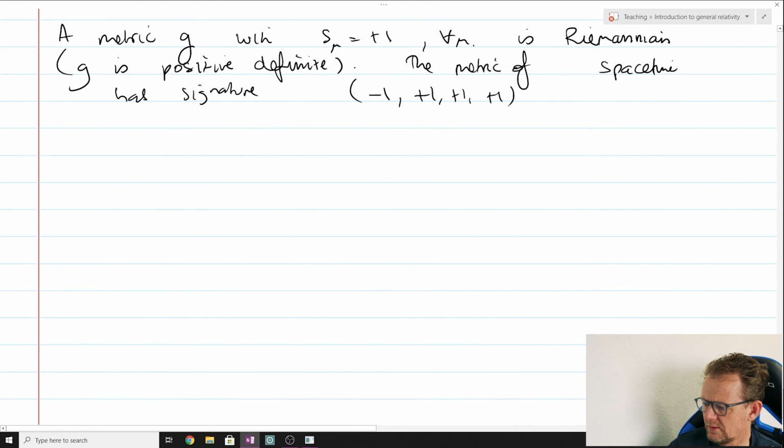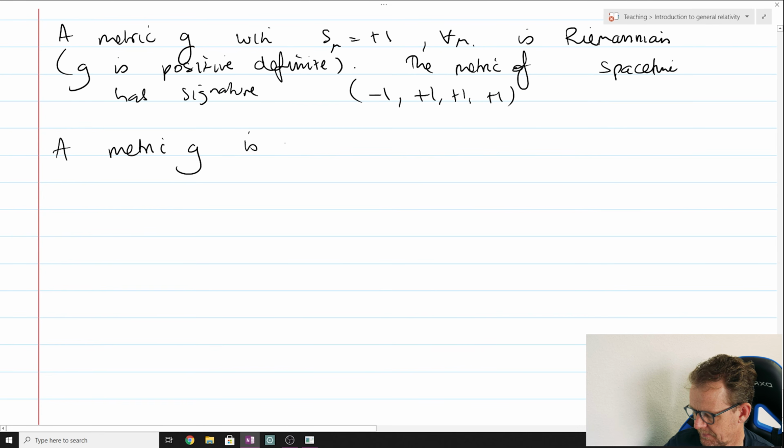Okay, there's one final comment I want to make about metrics, an extremely important comment that will influence our interpretation of dual vectors and tangent vectors. We've learned in the previous lecture that tensors of type 1 1 can be interpreted in 3 ways. Well, a metric is a tensor of type 0 2. It can also be interpreted in a multitude of ways.